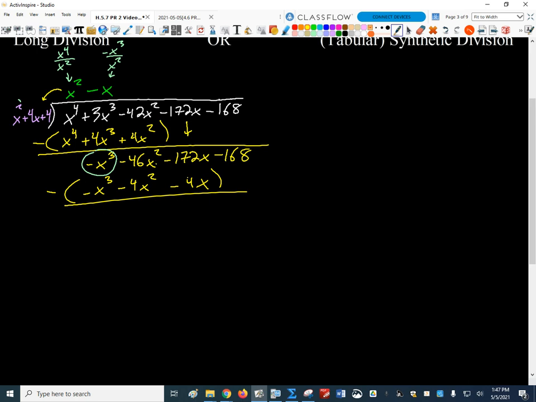So what am I going to get here then? Negative 46x squared. Adelaide, what's negative 46x squared minus negative 4x squared? There you go, negative 42x squared. Good. Negative 172x minus negative 4x, Liliana, is what?